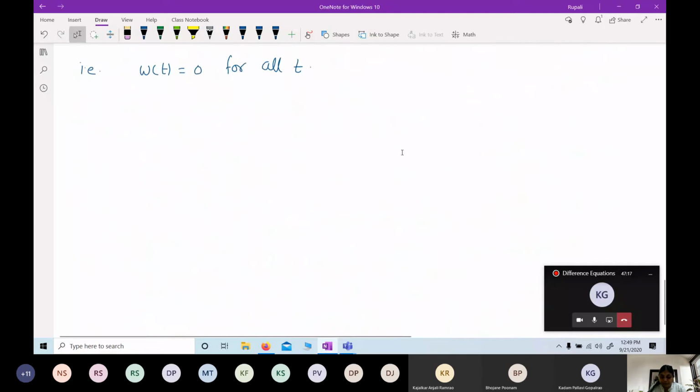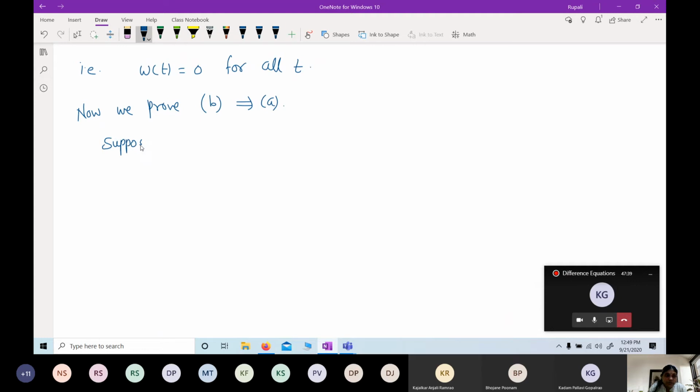Now we prove B implies A. So what is B? Suppose that W(t) is equal to 0 for some t, say W(t0) is equal to 0 for some t0.